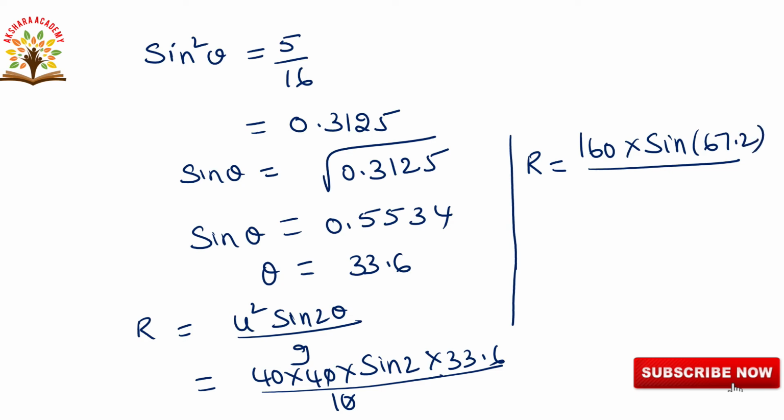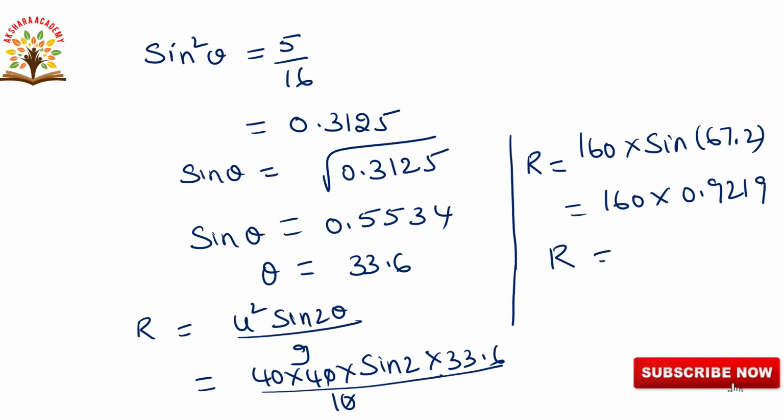So here this complete value is 160 into sine 67.2. Sine 67.2 is 0.9219. So after multiplication we are getting the final answer as 147.5 meters. This is the value of R. R is equals to 147.5 meters. Okay. Thanks for watching this video.